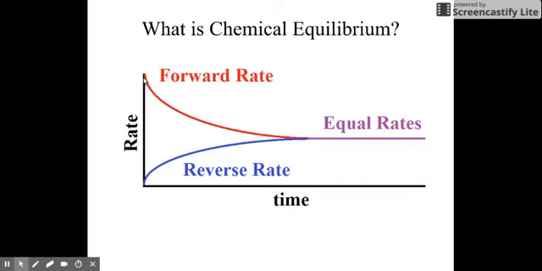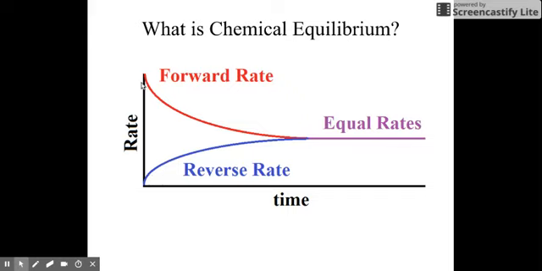In this case, if we are trying to figure out which is our reactant and which is our product, because the blue starts at 0, that means it is our product, because we don't have any amount yet at the onset of the chemical reaction.